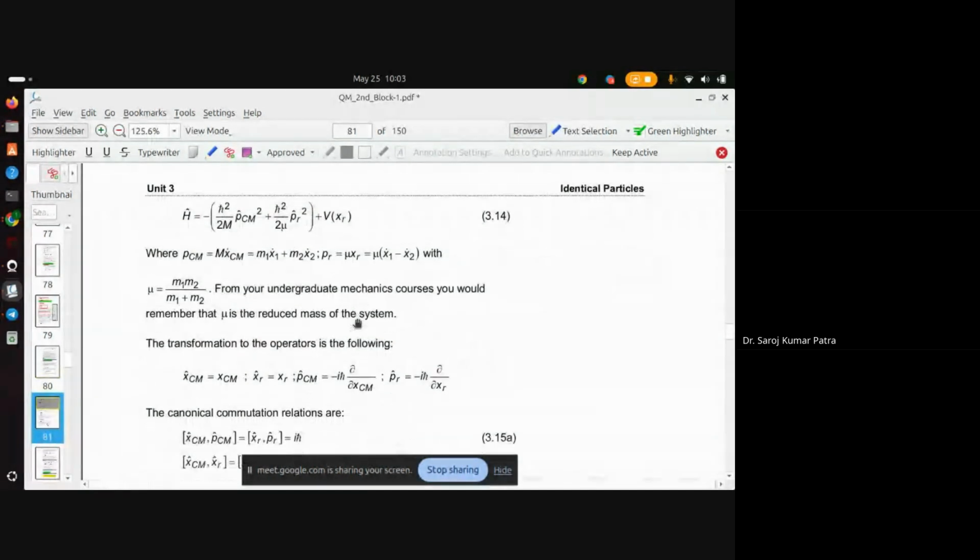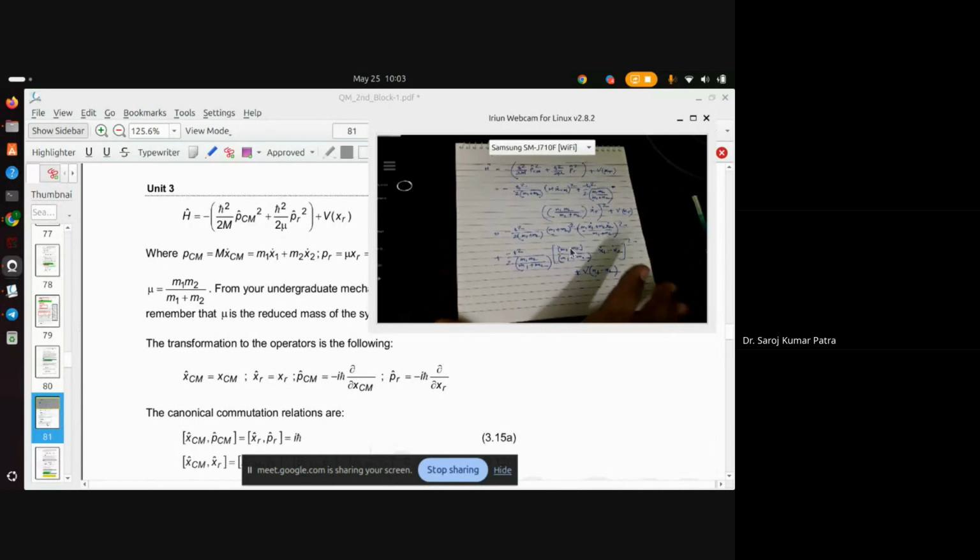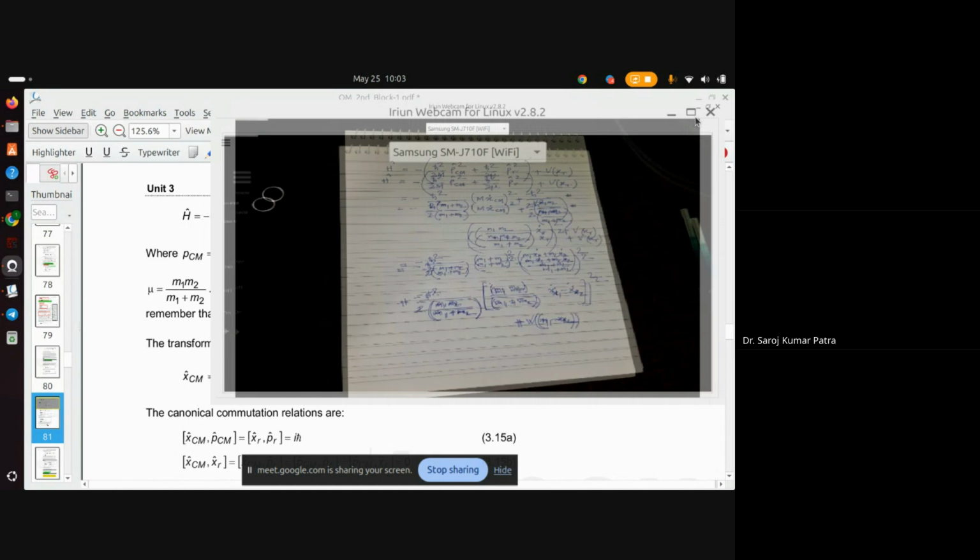Do you get it? Are you able to follow this equation over here? Is it clearly visible or not? Yes, sir. Maybe I can enlarge it.